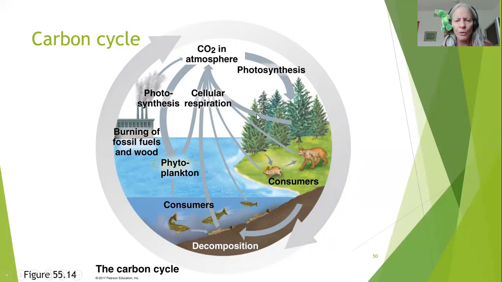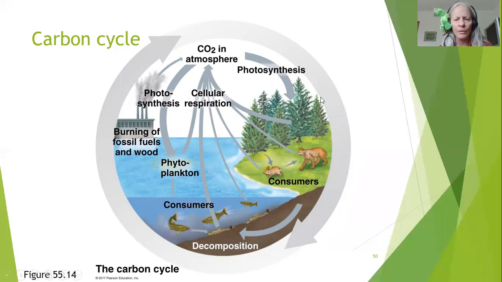There's a big reservoir of carbon in living things, especially plants, but also in consumers. And then there is a reservoir of carbon in living things that are in the oceans. And then also there is carbon in some compounds that sink to the bottom of the ocean or get deposited in the ground.